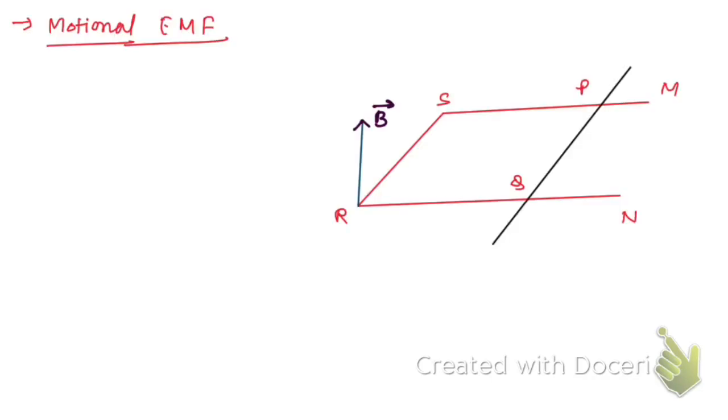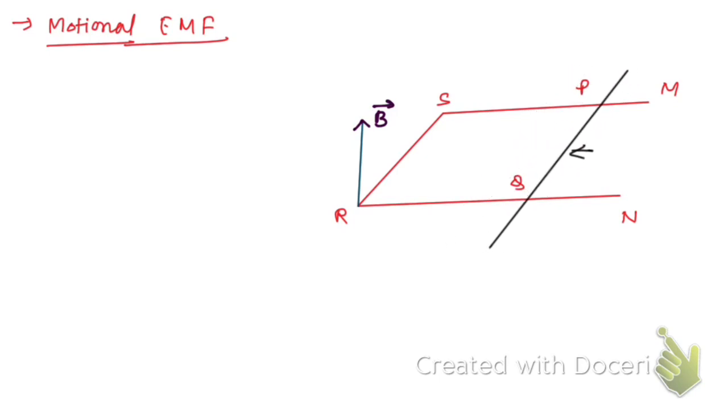What do you mean by motional EMF? Suppose this PQ conductor can be moved this way over the two arms of the frame. This is a conducting frame MSRN, and this arm PQ can be moved.